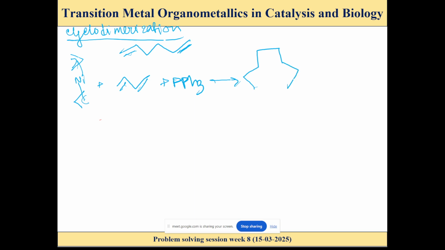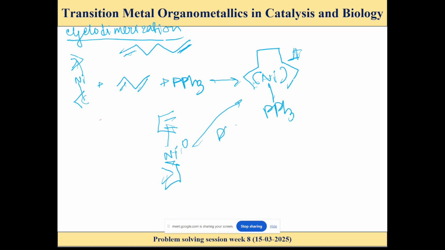So here is a similar type of complex, but here, in presence of an ethylene molecule, PPh3 is coordinated with this. Now this is formed from the same nickel 0 complex. One thing to note is that oxidative addition is happening in presence of PPh3 or PR3.